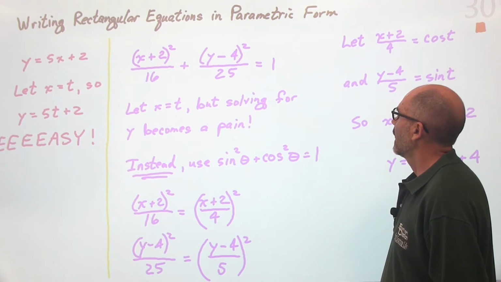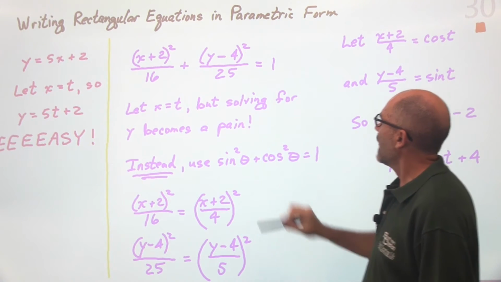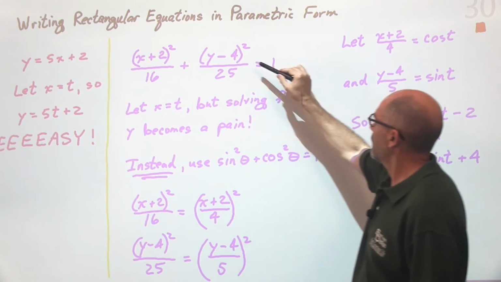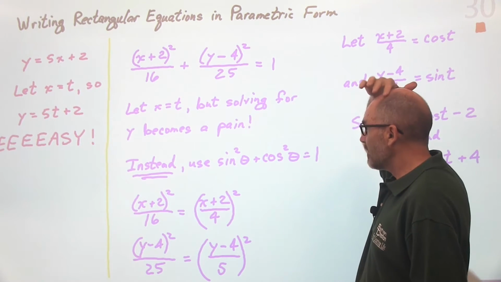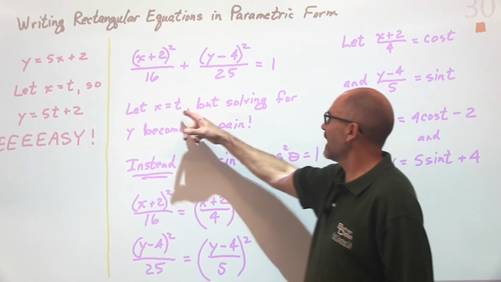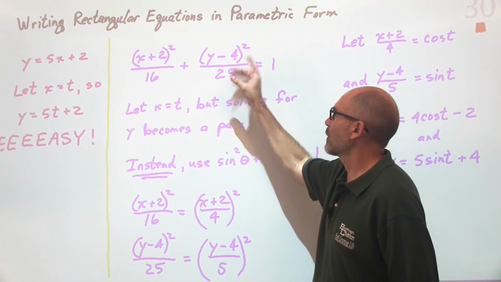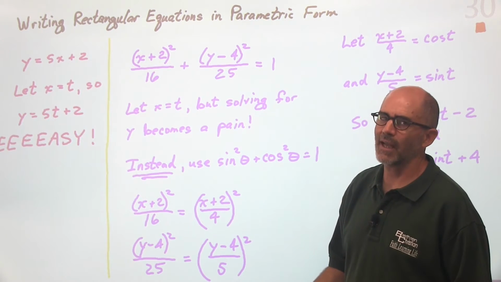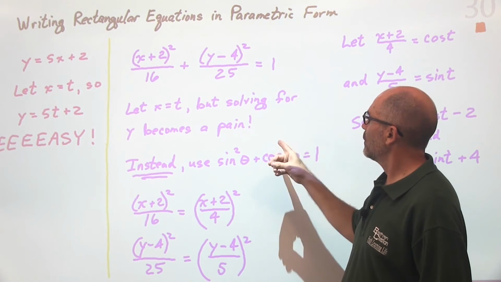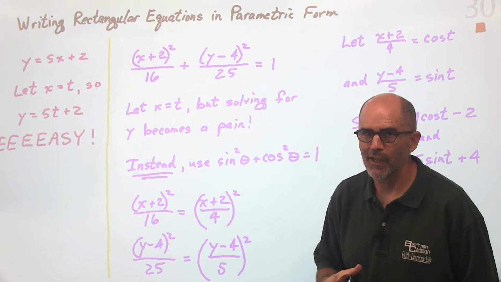Okay, now, here's a little bit more juice. We're going x plus 2 squared over 16 plus y minus 4 squared over 25 equals 1. Now, if I say let's let x equal t, now I have to solve for y in terms of t, and that is going to be ugly. Now, students every year make that attempt.